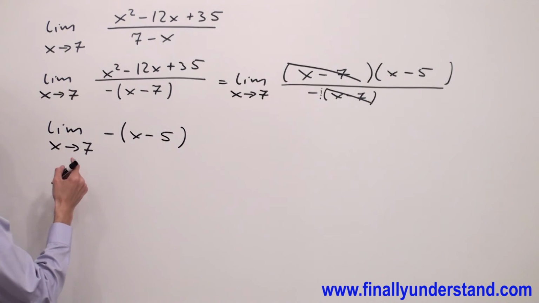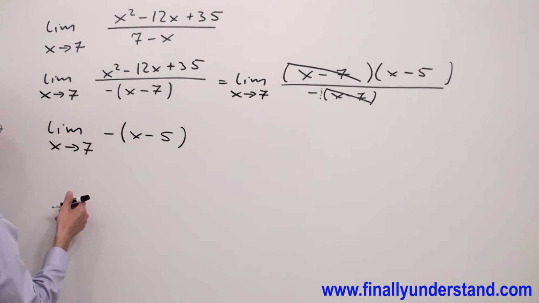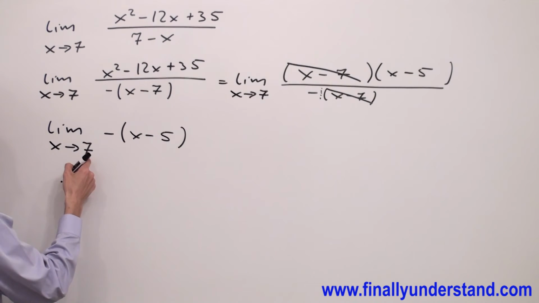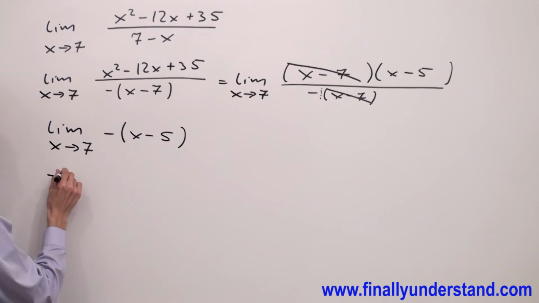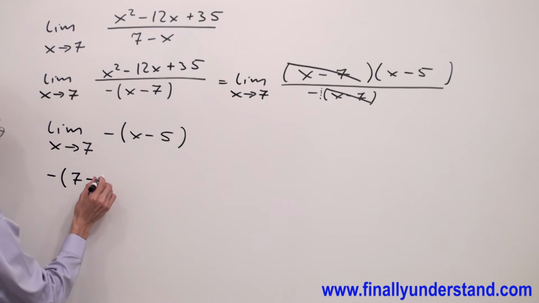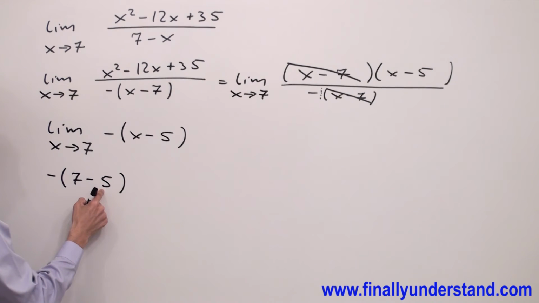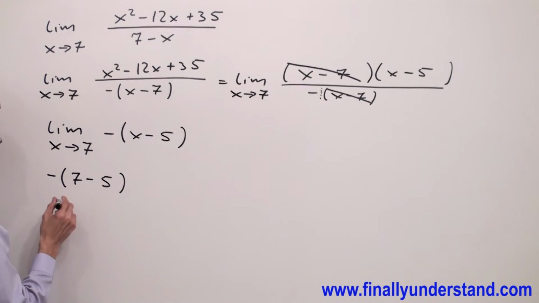I have the limit of the polynomial, and I simply replace x by 7. I'm going to have negative 7 minus 5. 7 minus 5 is equal 2. I'm going to have negative 2. This is the solution to my problem.